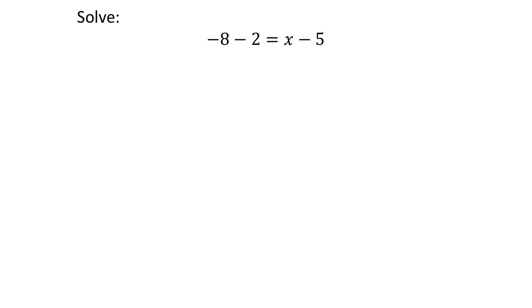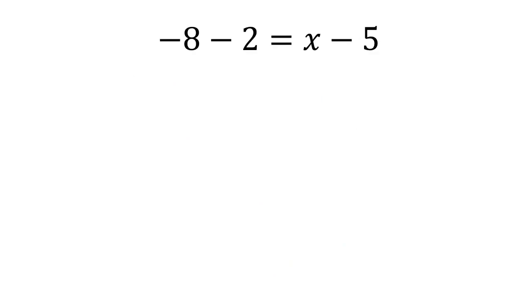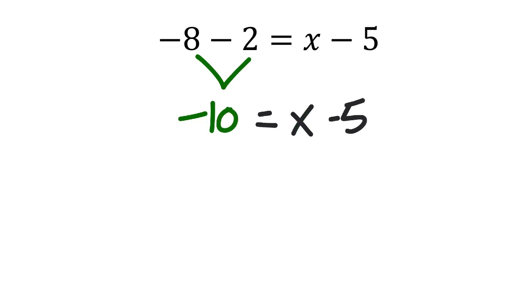All right, a problem like this one we should be able to do. So again, just looking to combine like terms because there's no parentheses. Negative 8 minus 2 would be negative 10. So now negative 10 equals x minus 5. But I don't want that minus 5. I just want to zero that out. So add 5 to both sides.